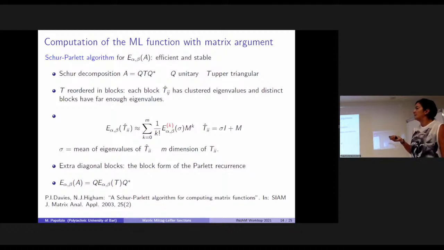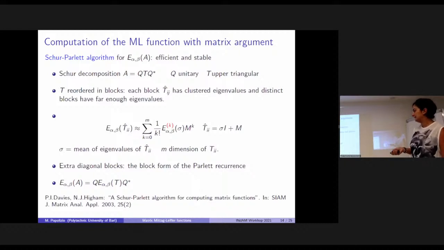The idea, because it is in general efficient and stable, even if the application was not straightforward for the Mittag-Leffler function. The idea is to start from the Schur decomposition of A, so A is written as QTQ*, with Q unitary and T upper triangular.